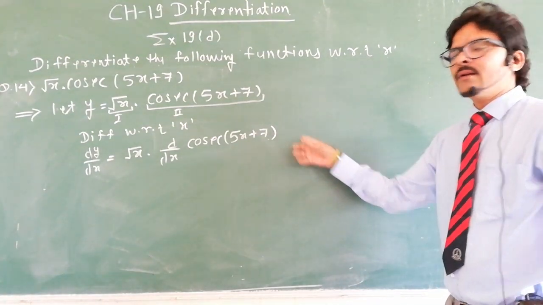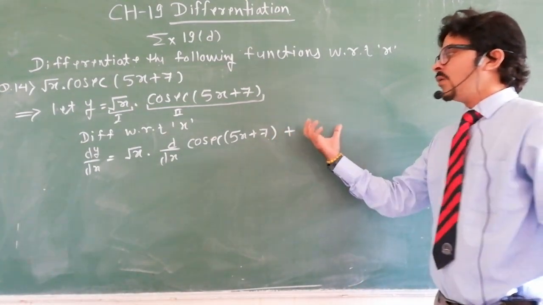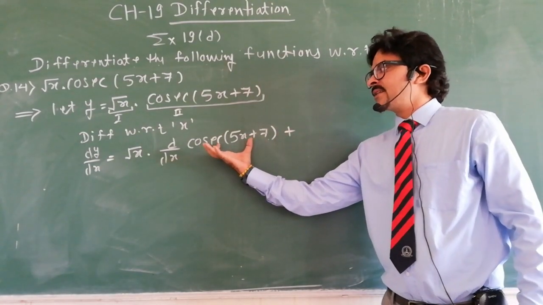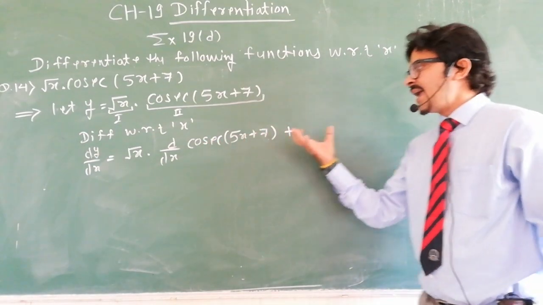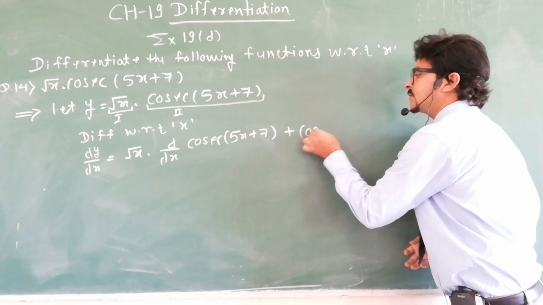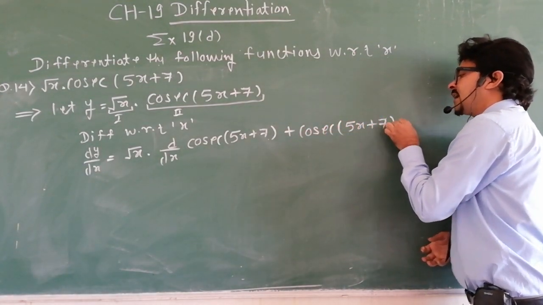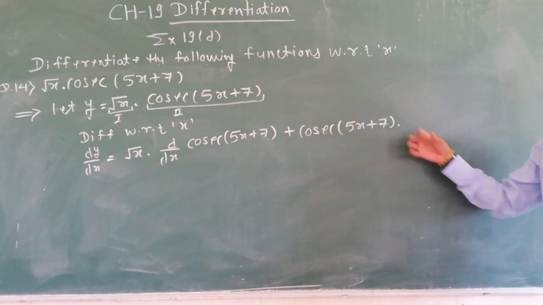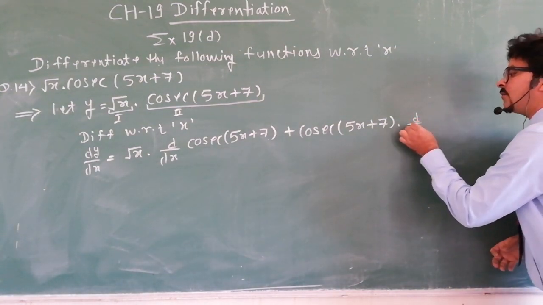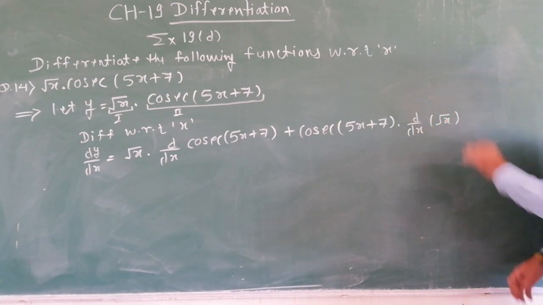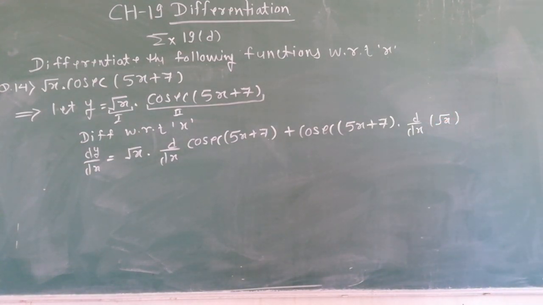Now in between the sign is plus. On the second term we write the second function, cosec in bracket 5x plus 7, as it is, into the derivative of the first function. So d by dx of the first function is d by dx of root x.